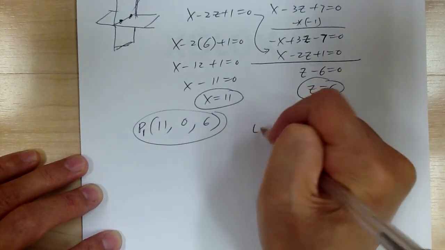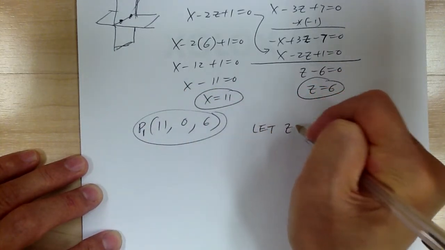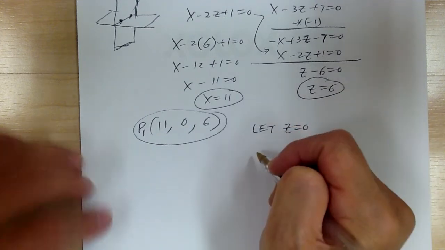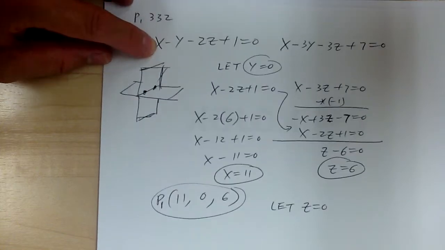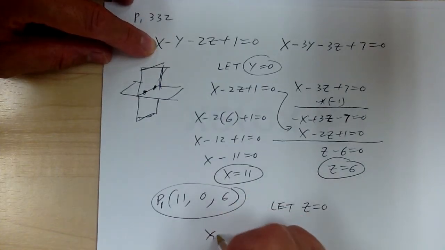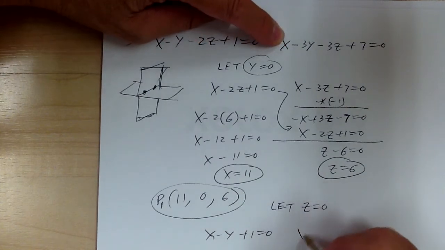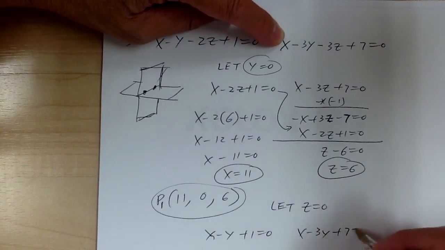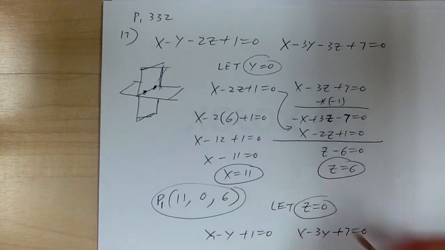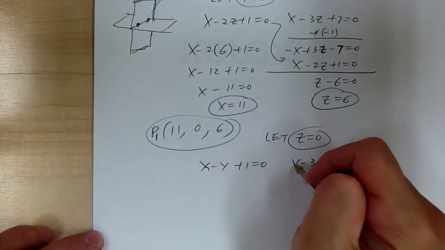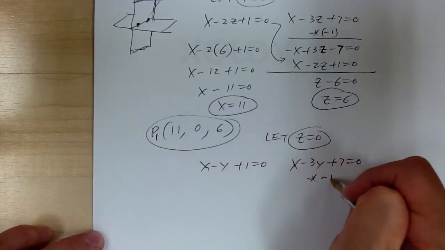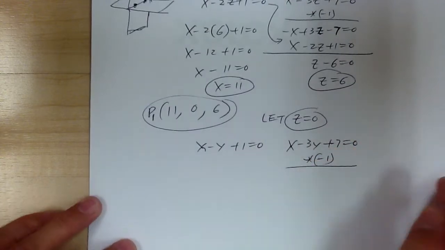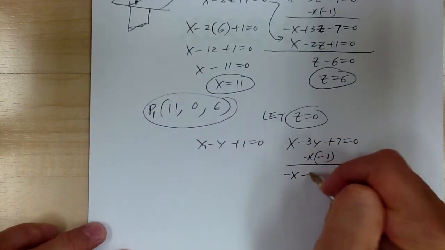Now I'm going to let z equal to 0. Go back to the equation. So I get x minus y plus 1 equal to 0, and from here I get x minus 3y plus 7 equal to 0. Then again, I'm going to multiply this by -1, because I'm trying to eliminate the x.